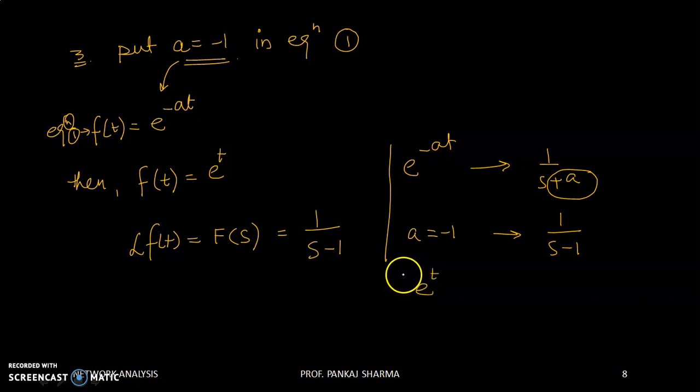How does it become e raised to power t? By putting a is equal to minus 1 into this. Minus of minus becomes plus, and plus 1 into t is actually e raised to power t, and this is the Laplace of these functions.